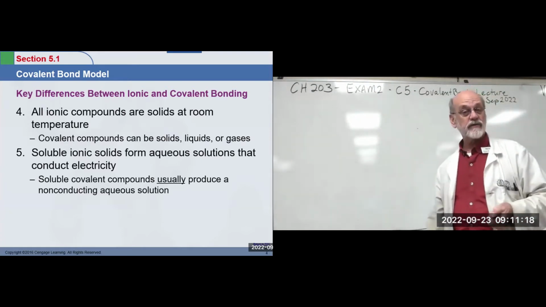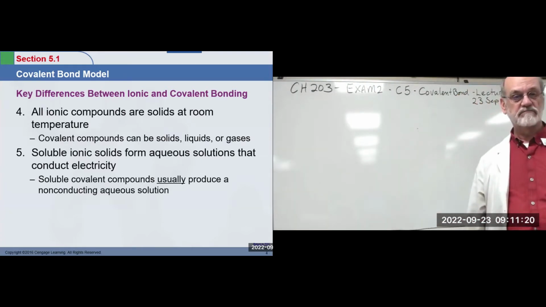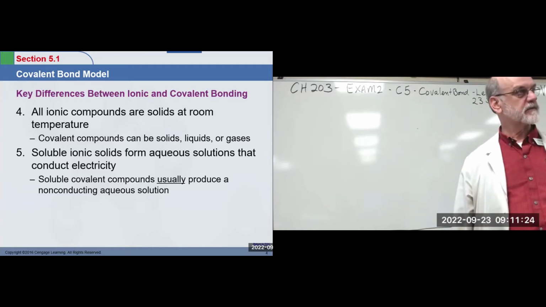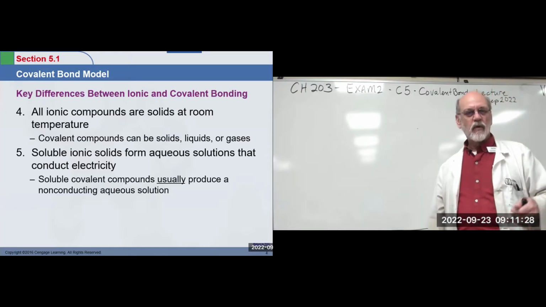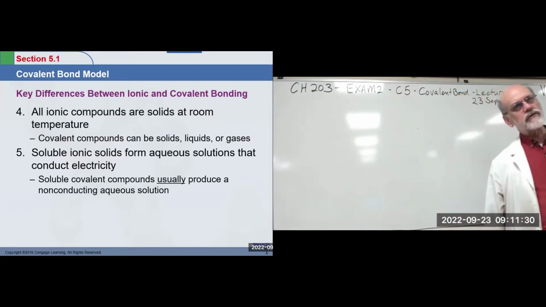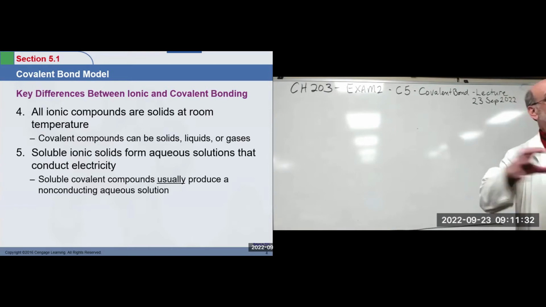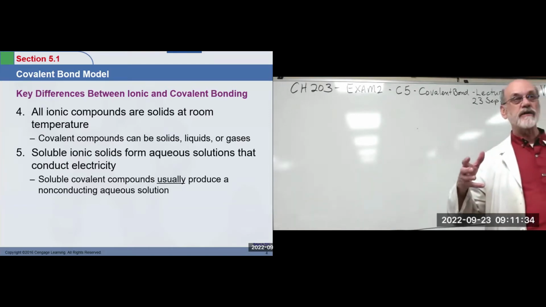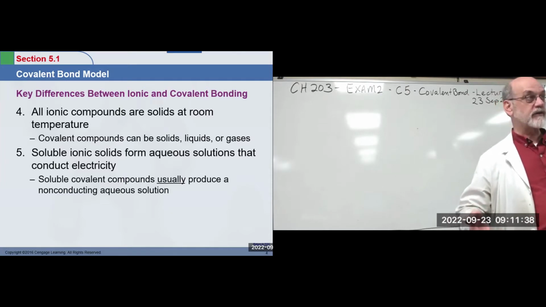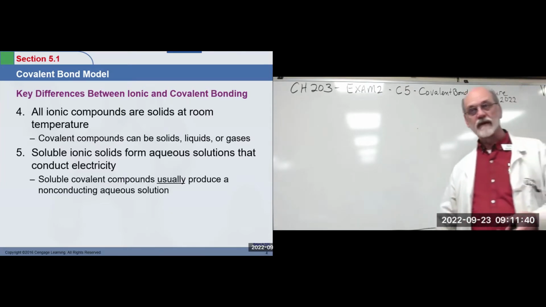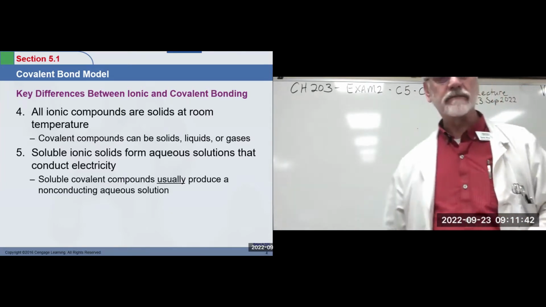All ionic compounds are solid at room temperature. Covalent compounds, though, can be solid, liquid, or gas. When an ionic compound goes into solution, it breaks apart into individual ions, which means the solution can conduct electricity. It's an electrolyte.